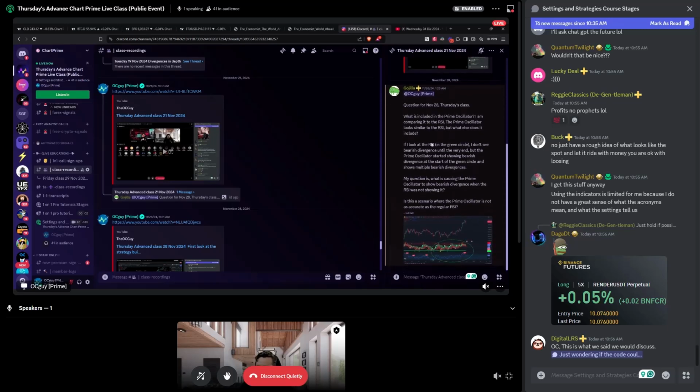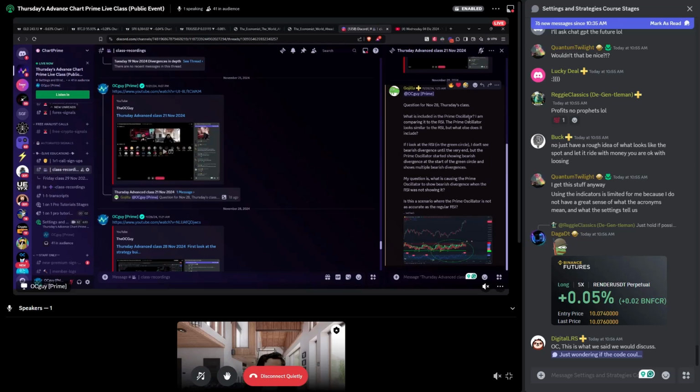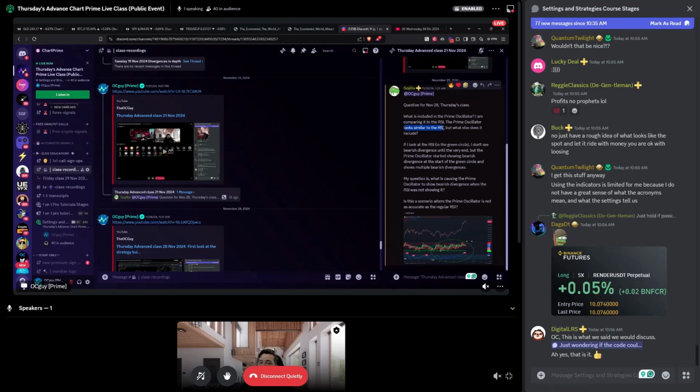So here it says, question from Kohila, for November 28th, third class: what is included in the prime oscillator? I'm going to get into it in a second. Comparing to the RSI, the prime oscillator looks similar to the RSI. That's because it does include a baked-in part, or a modified version, of the RSI to give better performance to the momentum calculation.